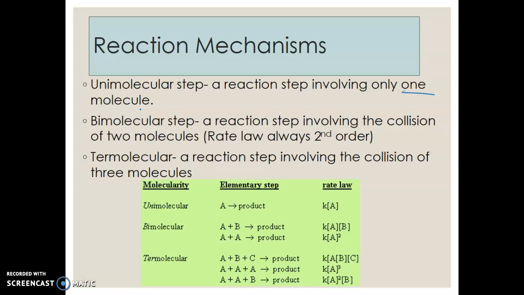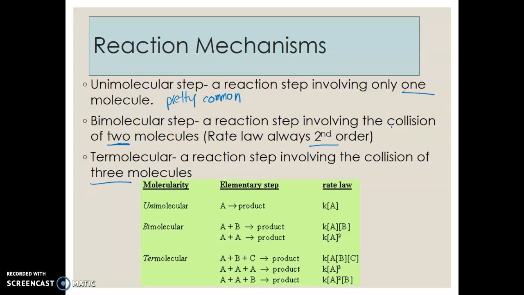This is pretty common for reaction mechanisms. A bimolecular step is a reaction involving the collision of two molecules. Like a bicycle has two wheels, two molecules here for bimolecular. And the rate law is always second order. And then termolecular, a reaction step involving the collision of three molecules.